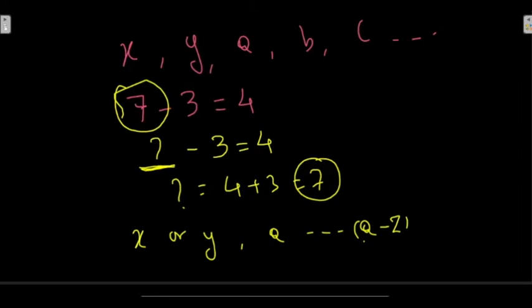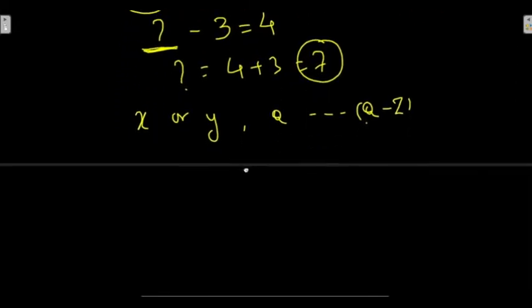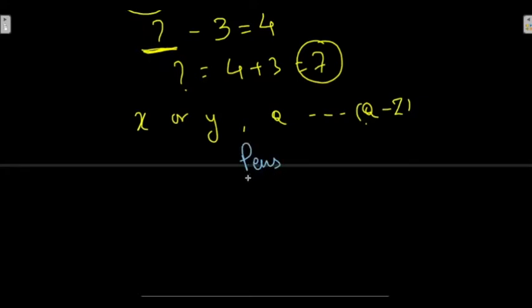Now let's take one more example. Suppose you are a shopkeeper and you are selling, say, candies. I have already discussed, every time we can't be selling candies, not good for health. So let's say that you are selling pens, and each pen is priced at rupees 5.